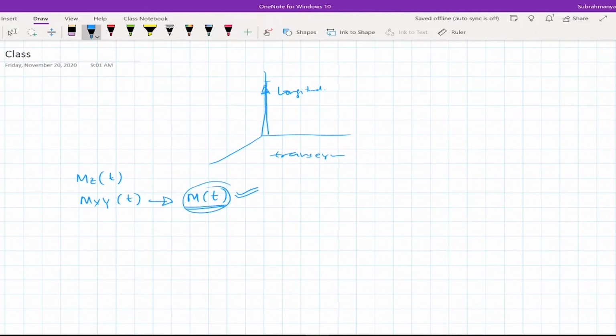So let me first write some intuitive expressions for Mz of t and M of t, and after that we will do a thorough derivation of that. So let's start with Mxy of t, which from now on I would be simply referring to as M of t.